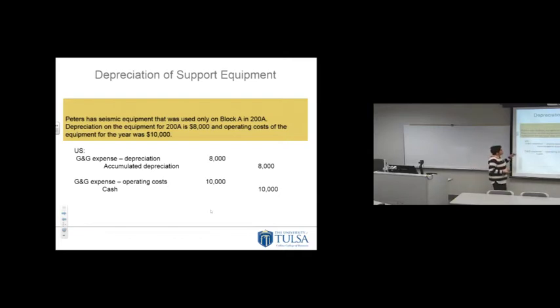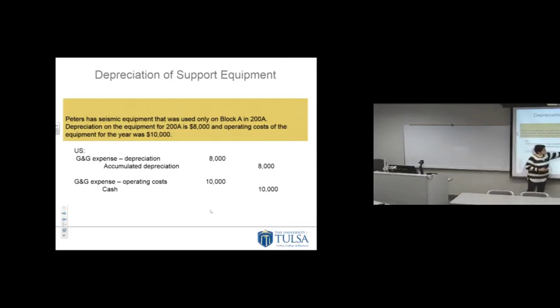Again, I've got these as journal entries, but instead of this being depreciation expense, it's going to be G&G expense, because it was used to get G&G. And in the U.S., we're going to expense G&G. So that $8,000 ends up as an expense on the income statement.